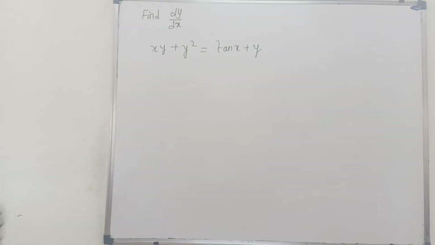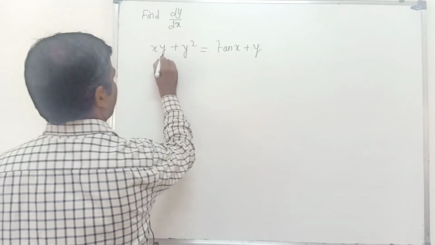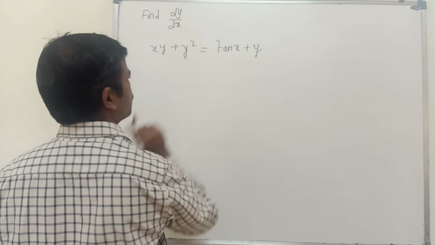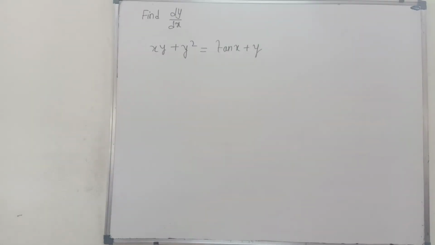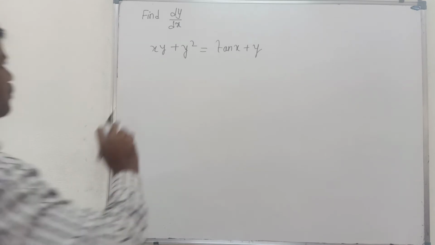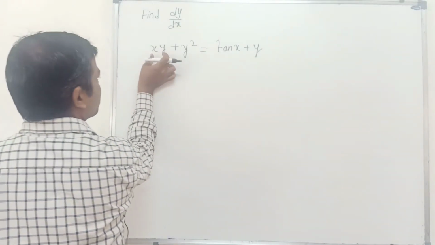Look here: xy plus y square is equal to tan x plus y. So that is a product of two different variables.